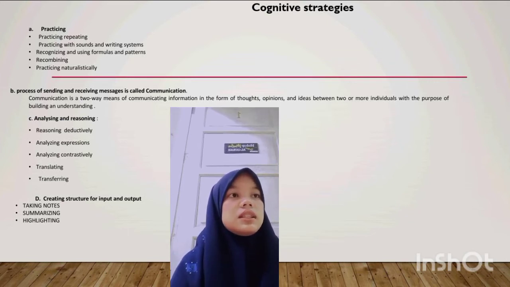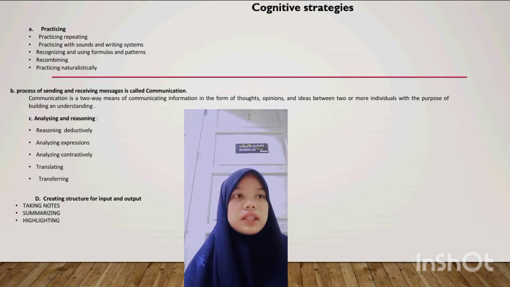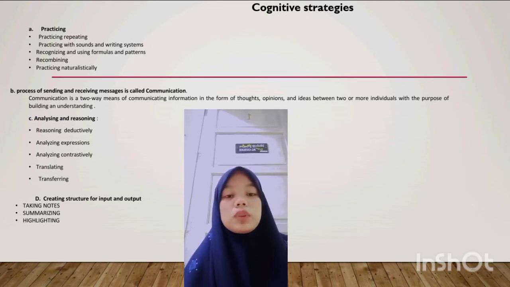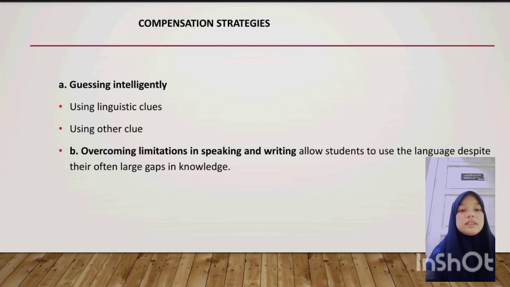And C. Analyzing and reasoning. The first one, reasoning deductively, analyzing expression, analyzing constructively, translating and transferring, and then creating structure for input and output: taking notes, summarizing, and then highlighting.